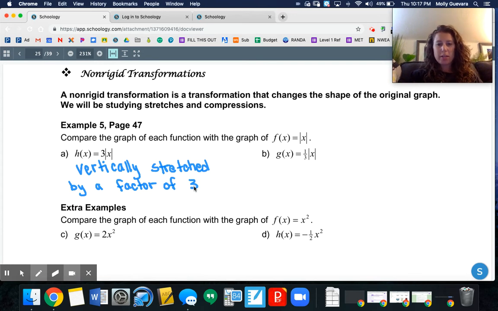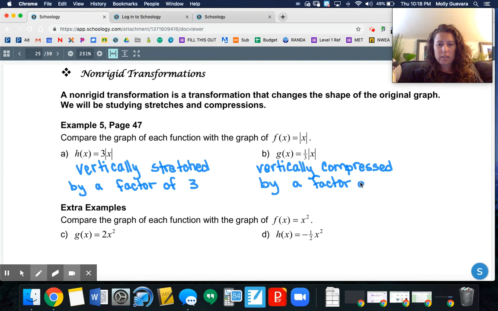If the number in front of my function is between 1 and 0, so any sort of fraction between 1 and 0, so in this case 1/3, it's going to be vertically compressed by a factor of 1/3.